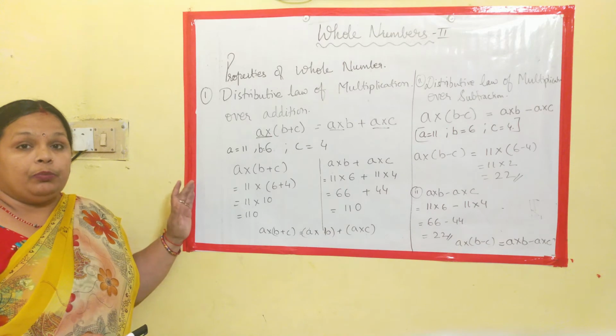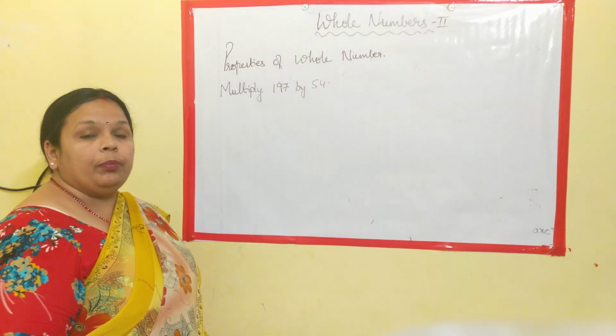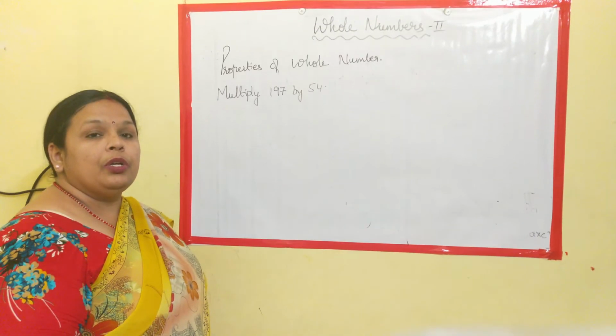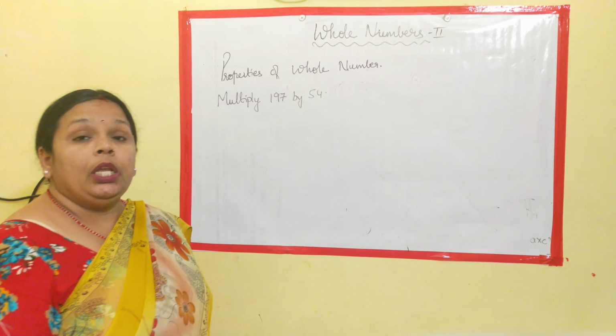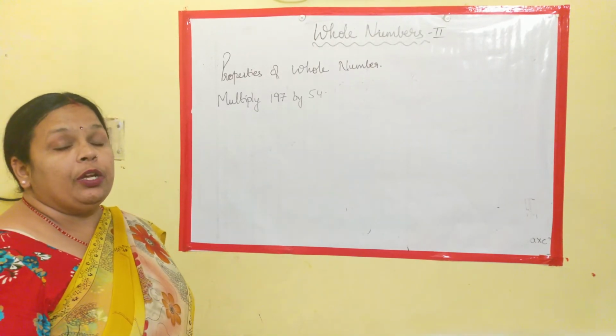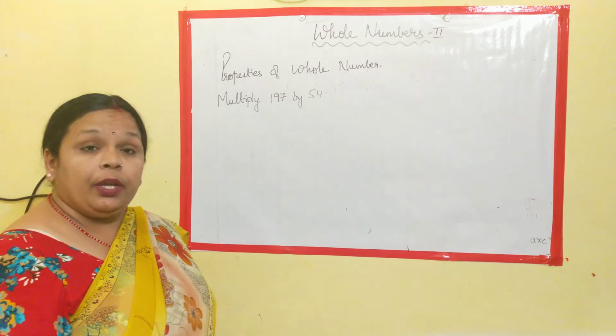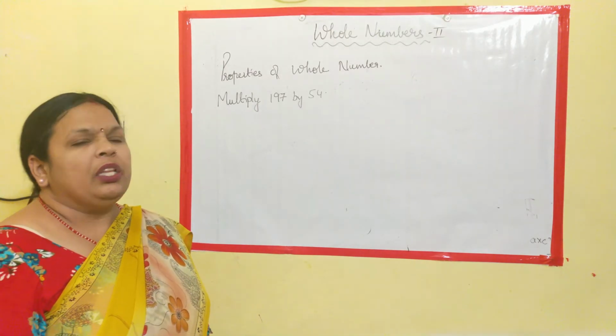So, based on these properties, we can take a few examples also, and let's quickly revise the division property also. Now we'll see some examples based on the properties which we have discussed. Clear? Now regarding closure property, commutative property, associative property, multiplicative property of 0 and multiplicative property of 1, these are very clear.